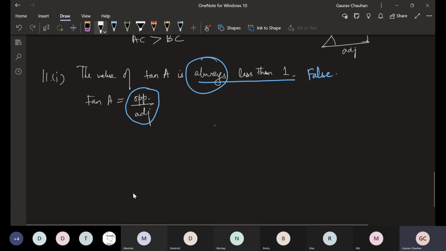Any triangle you take, this is A. Opposite by adjacent.